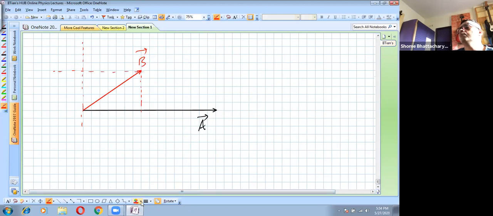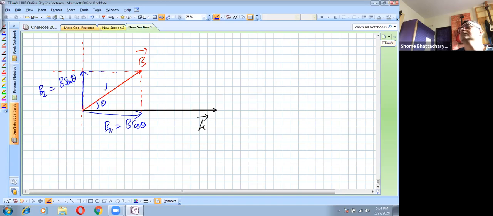From that we got the components of B along this direction as B cos theta, which was the parallel component, and we got this as B sin theta, which is the perpendicular component.